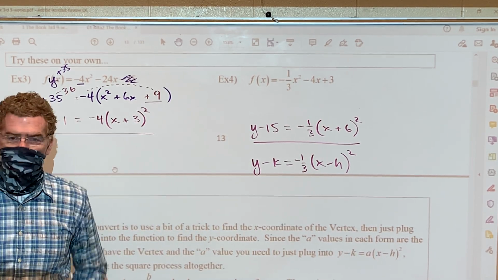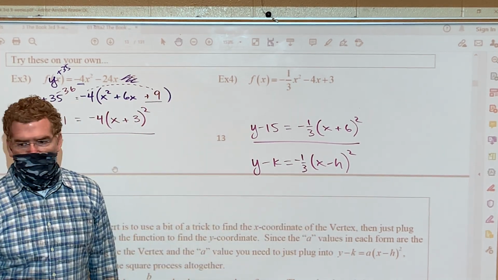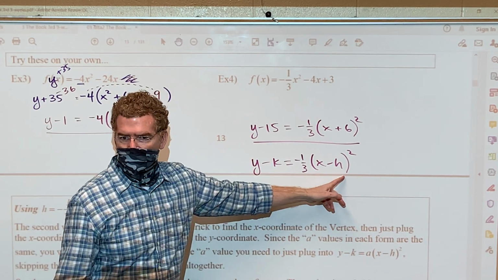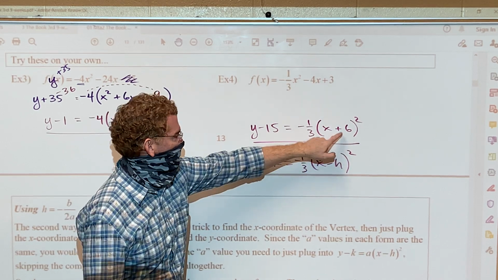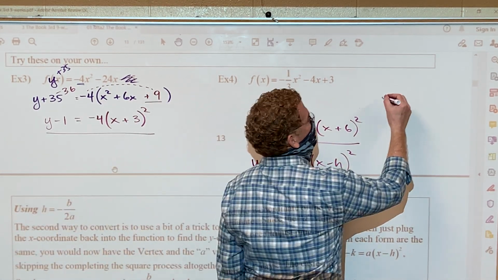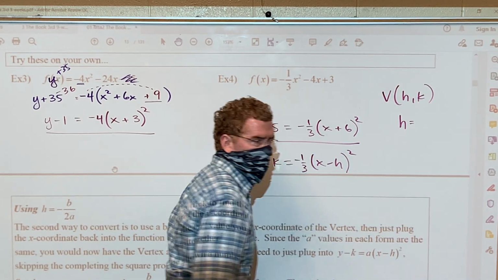Now what if I told you there was a trick for finding the x coordinate of the vertex? What did we get for the x coordinate in this one? We had x, oh no, it's right there. So the x coordinate was negative 6. What if I told you that there was a trick, the vertex, which is (h, k), there was a little trick for finding h.